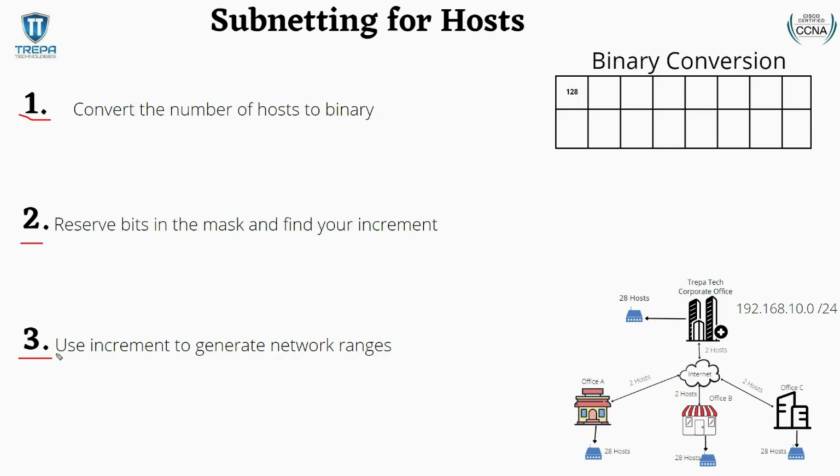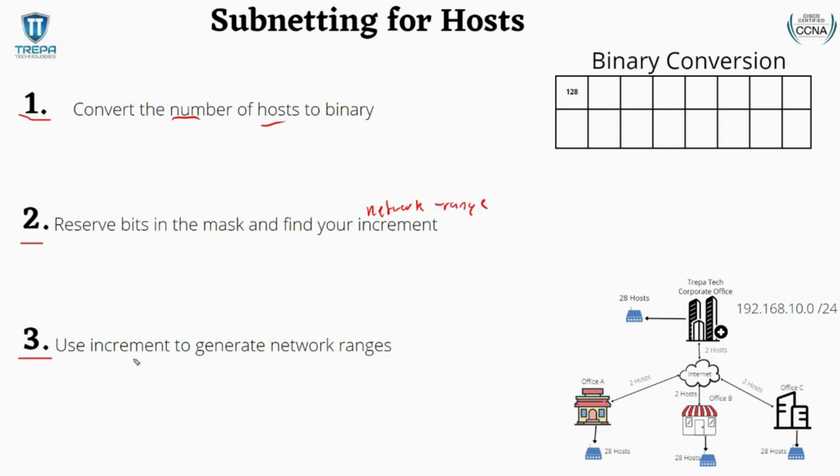So first step, we're going to convert the number of hosts to binary. Second step, we're going to write out our subnet mask in binary. We're going to reserve the host bits, and then we're going to find our network increment, which is really just our range, right?